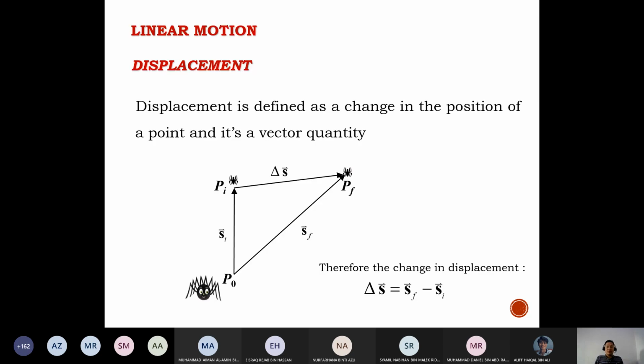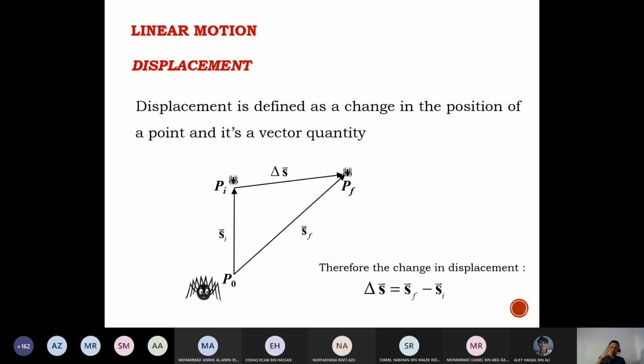And now we look at the displacement. As I mentioned, from some angle we can see that displacement is a distance. But if we look at the real definition, displacement is defined as the change in the position of the point, and it is a vector quantity. I hope you know the vector quantity. So displacement must have the change of positions from A to B, B to C, C to D. And because it's a vector quantity, it must have direction, because as you know, a vector must have magnitude and direction.